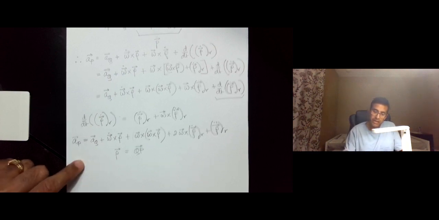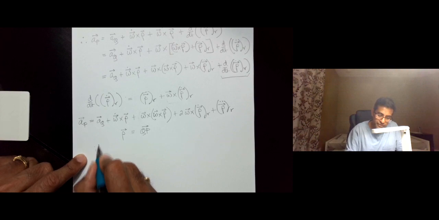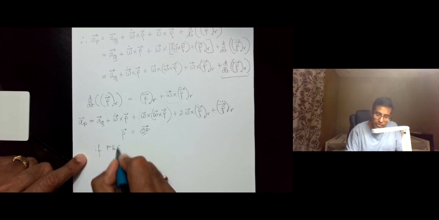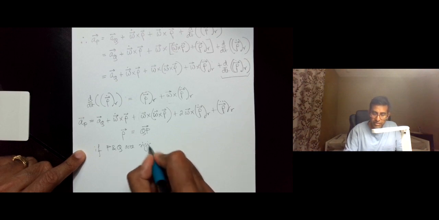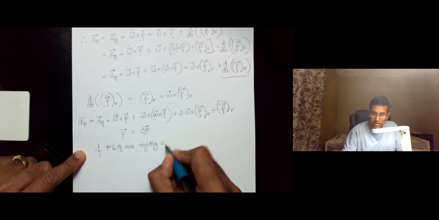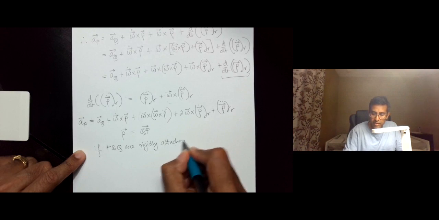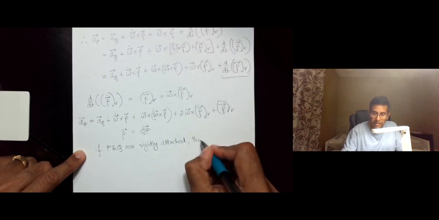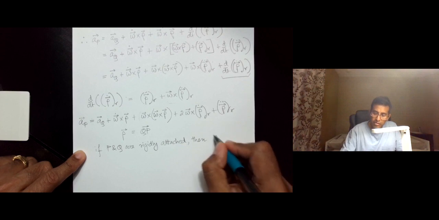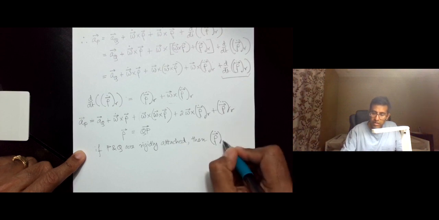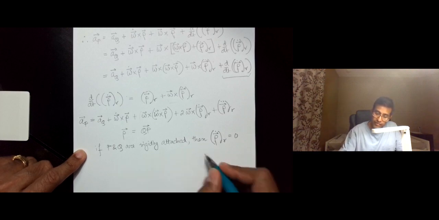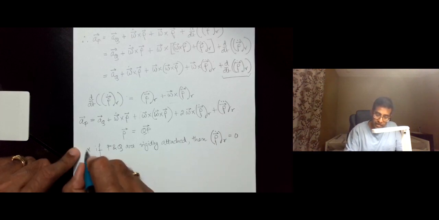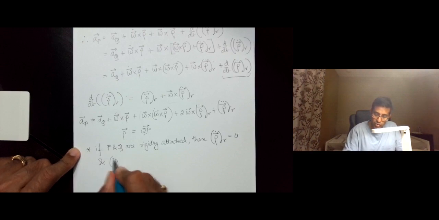Again, keep in mind that if P and Q are rigidly attached, then rho dot r is equal to 0, and in the acceleration expression, rho double dot r is also equal to 0.